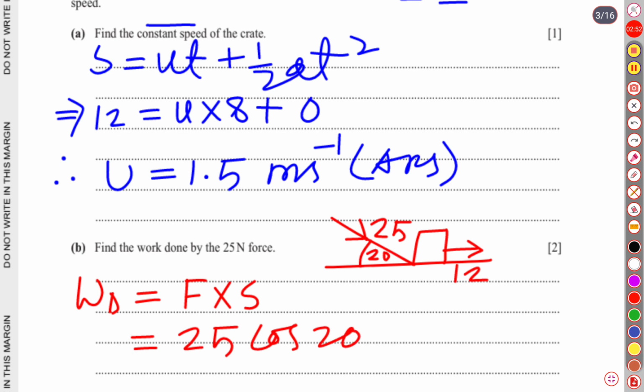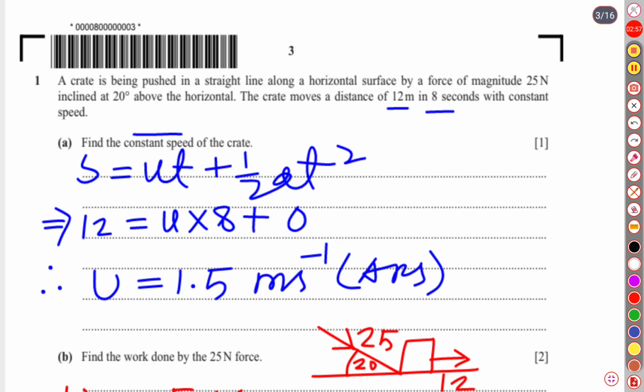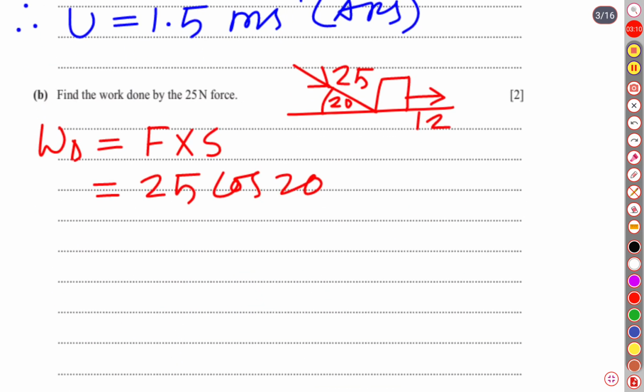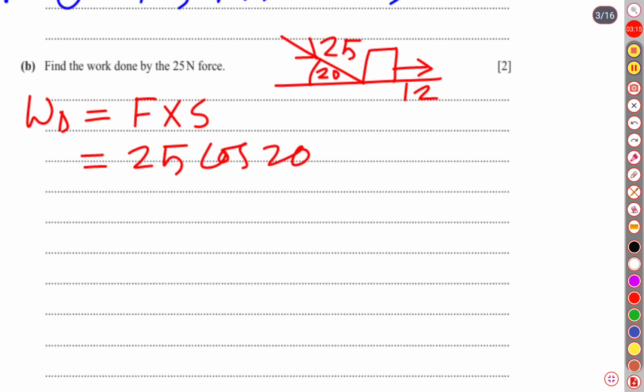So please don't get confused with this 25. Don't think that 25 is the horizontal force, not at all, because 25 Newton is inclined at 20 degrees, so you'll have to resolve it; 25 is not directly to be used as horizontal force. So the horizontal force is 25 cos 20 degree, multiplied by displacement, and the crate was moved 12 meter.